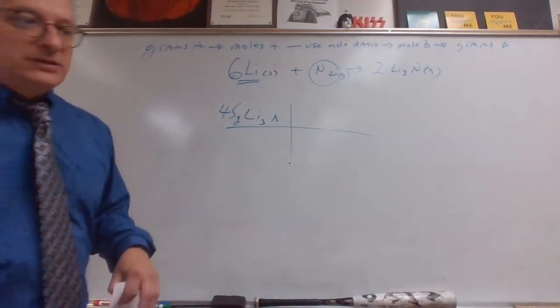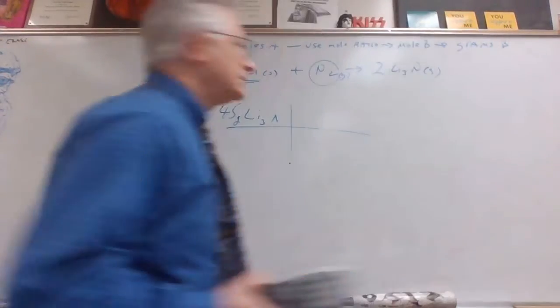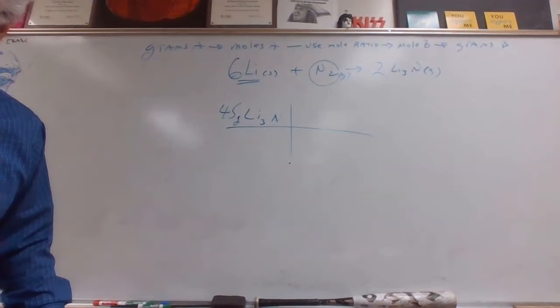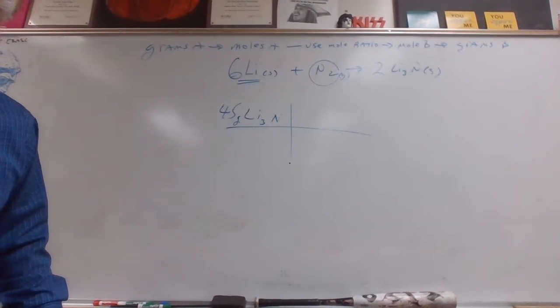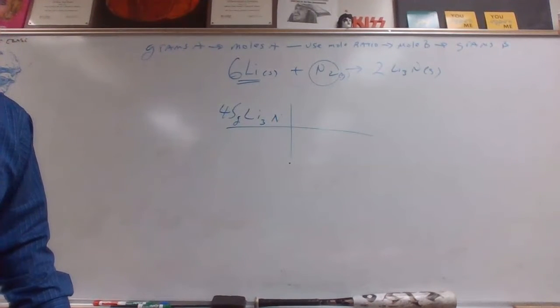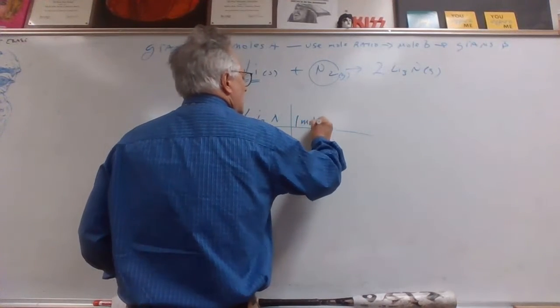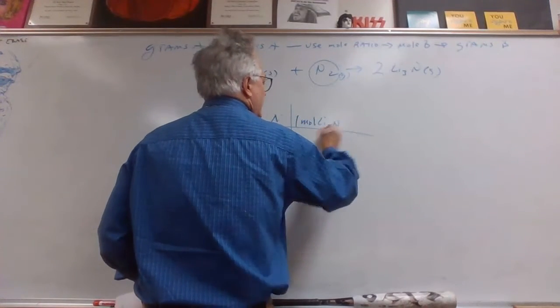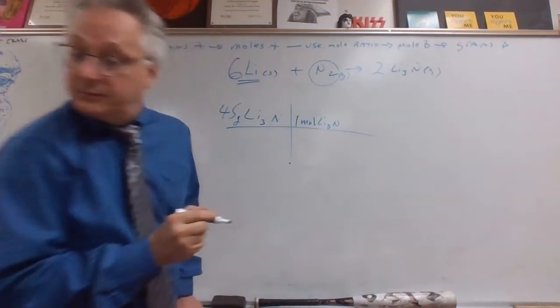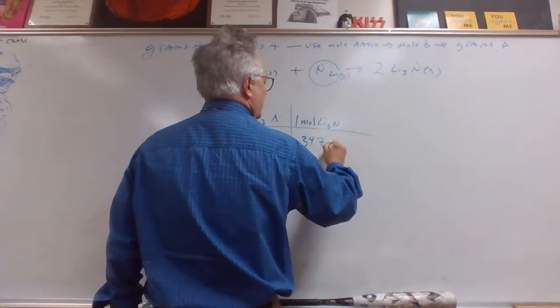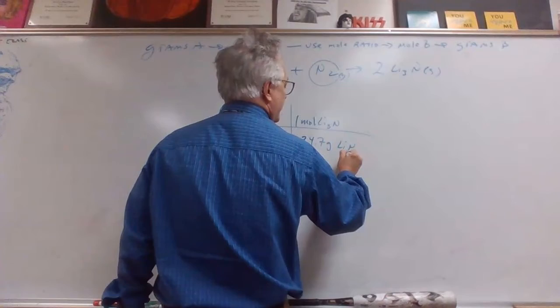So lithium nitride. So what's lithium nitride? It's 7, let's call it 6.9 times 3 plus 14.01. So 1 mole of lithium nitride is going to be, what did I get? 34.7 grams of lithium nitride.